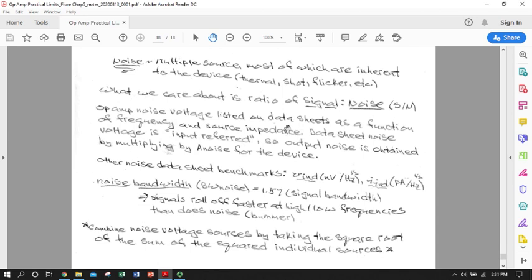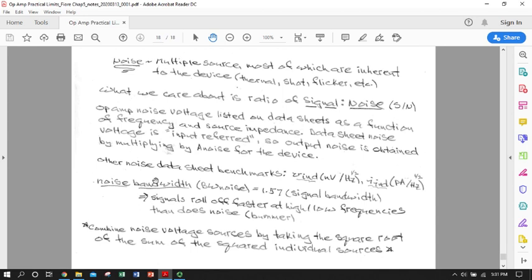But one particular annoying characteristic of electronic noise that's inherent to the operation of components, thermal noise, shot noise, flicker noise, these are all processes that are inherent to the function of a semiconducting device, rectification, etc. Things we really can't get rid of because they're linked to the very processes that our signals are coming from.